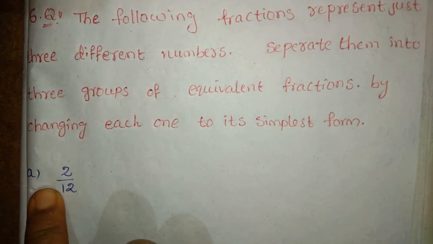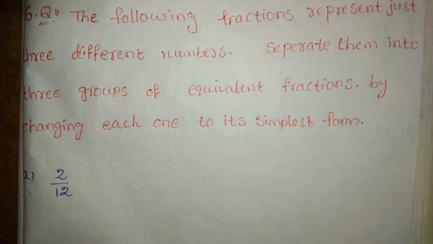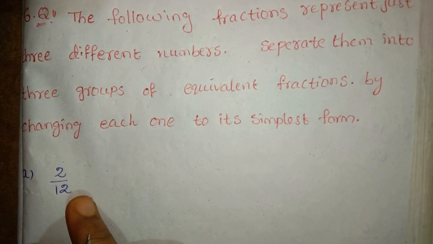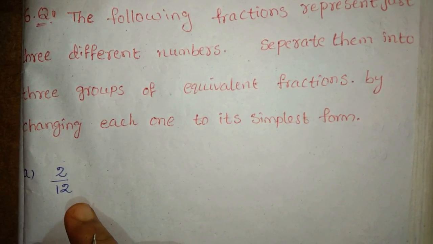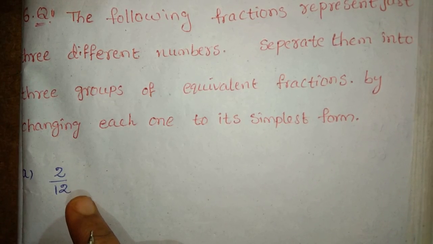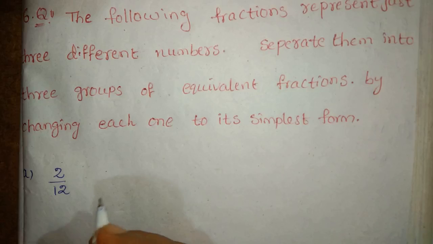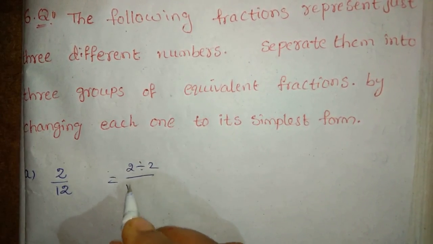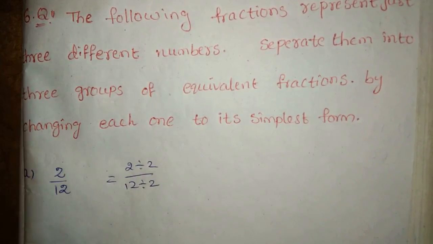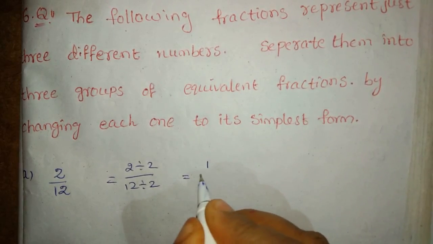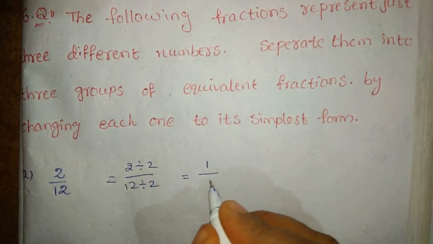Now, first A, 2 by 12. If you write the equivalent fraction of 2 by 12, we divide both the numerator and denominator by 2. Then we get 2 divided by 2, 12 divided by 2. 2 by 2 is 1, 12 by 2 is 6.